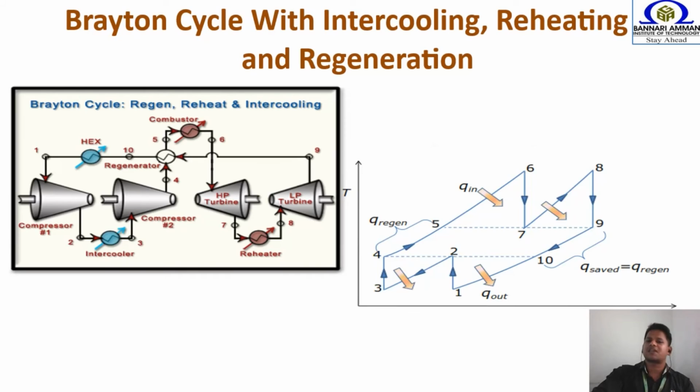The second turbine expands the gas from 5 bar to 1 bar, which is called reheating. After the first stage of expansion, we reheat the gas once again. The important thing to note here is that the temperature should be equal. After that, as usual, the last process is isobaric heat rejection.